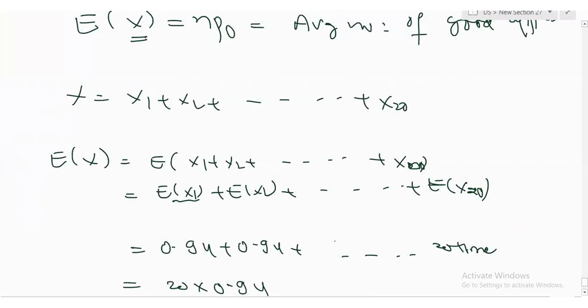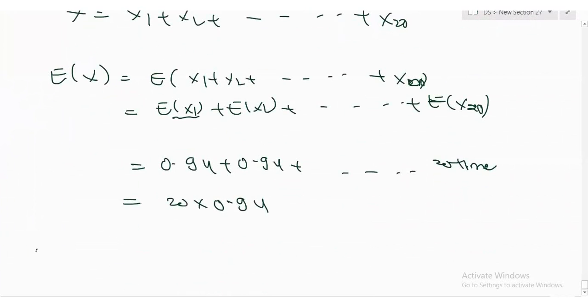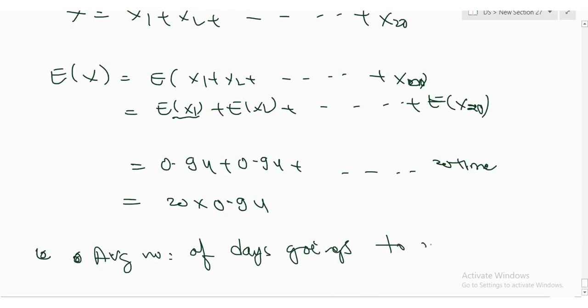On an average, E of X equals the average number of days you are going to meet the SLA, about 19 days.